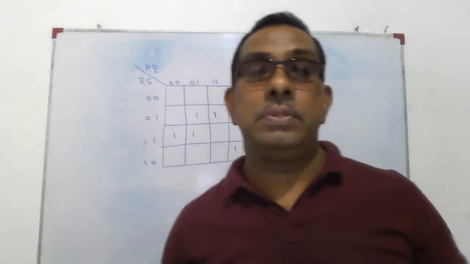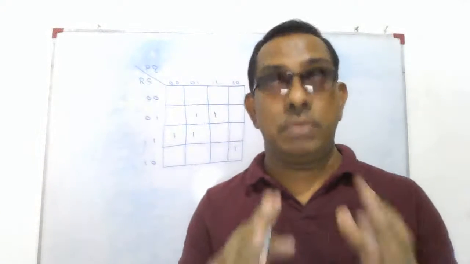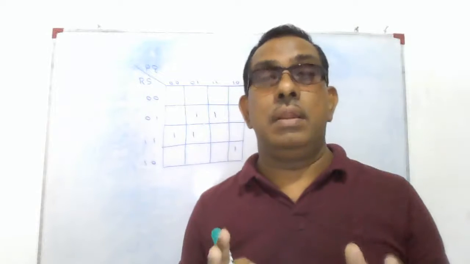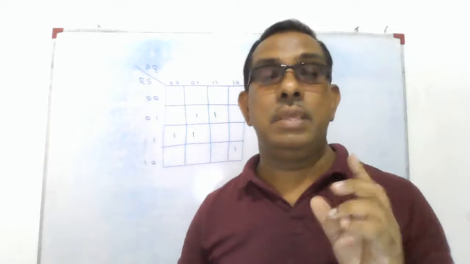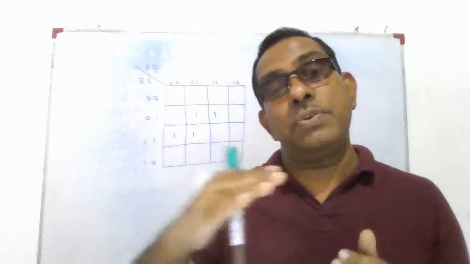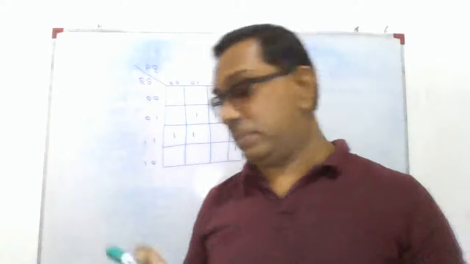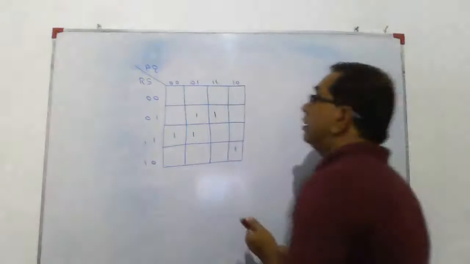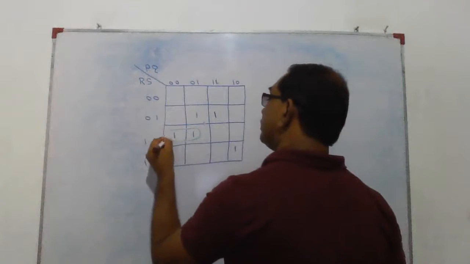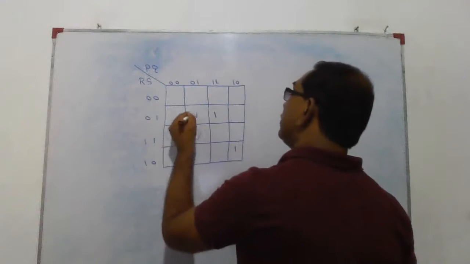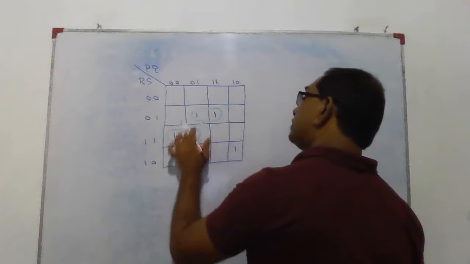So in K-maps, the most important thing is you are going to take groups as large as possible. That's the first rule. Second rule, you try to get the least number of groups. There you have a chance to get these two as a group and these two as a group. Then you can reduce the number of groups to 2.